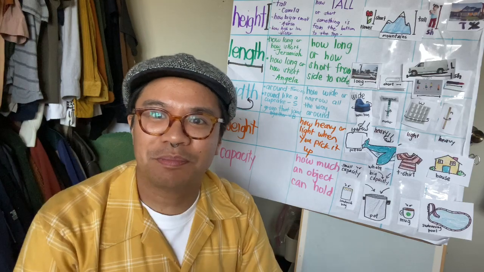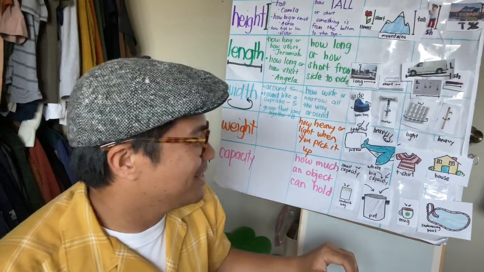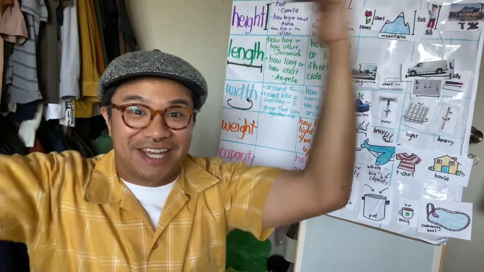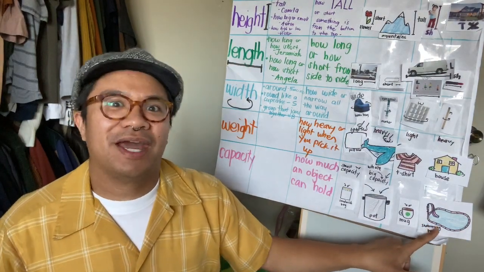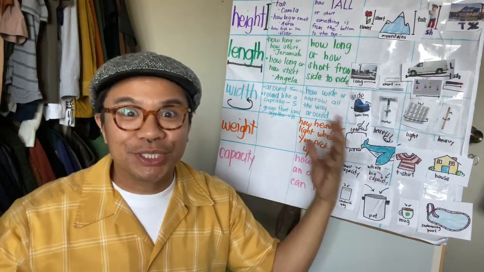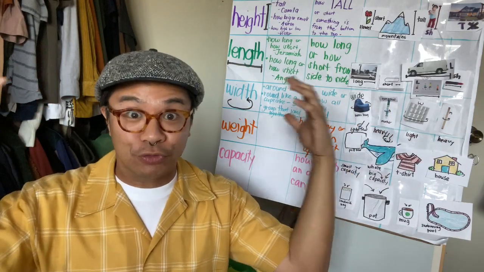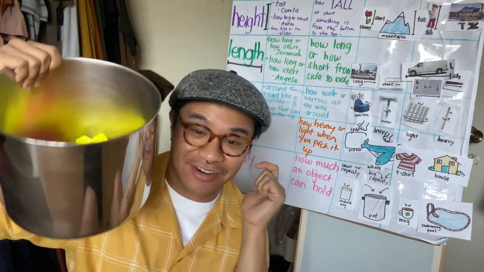Tell your families and pause it right here. So what do you think? Do you think a swimming pool has a small capacity or a big capacity? Yeah, a swimming pool has a big capacity, probably a really big capacity, because it can hold a lot of cubes, way more than this pot here.